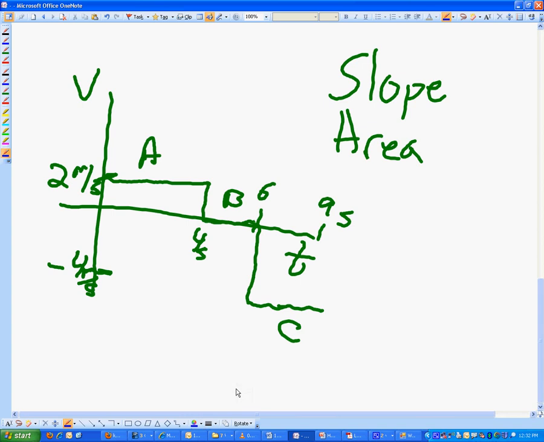So I'm going to find this area first. Area refers to the area between the graph and the x-axis. So the area of A would be right there. Why don't I find the area all the way down here too?